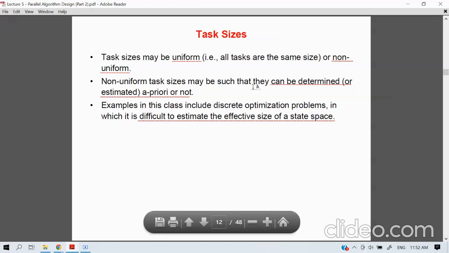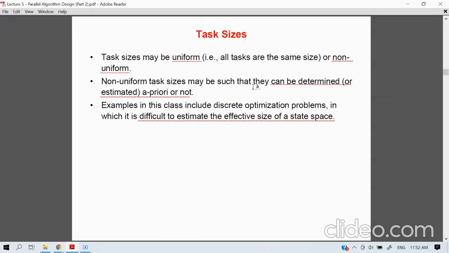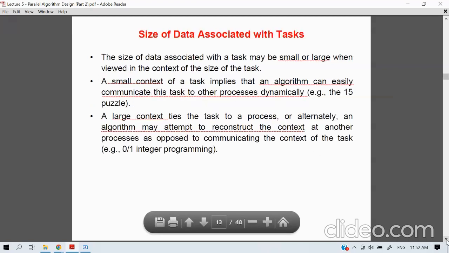The task sizes are of two types, either uniform or non-uniform. If uniform, we know in the earlier stage, so we can divide the task into small, same-size pieces. If the task sizes are non-uniform, it is quite difficult for us to divide them into the same size. What else did we learn?